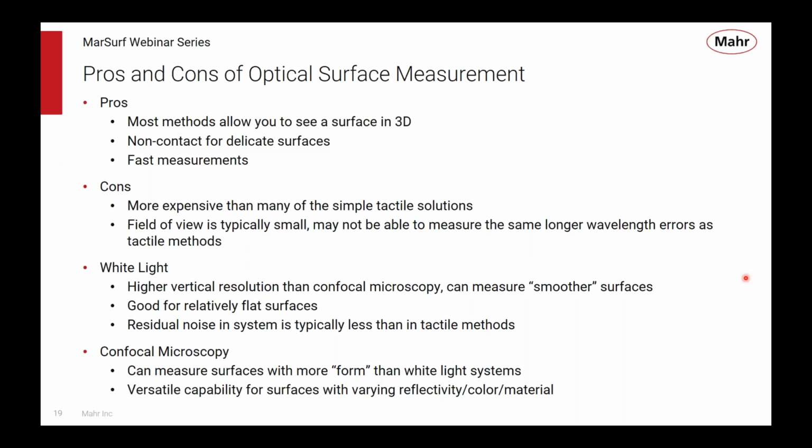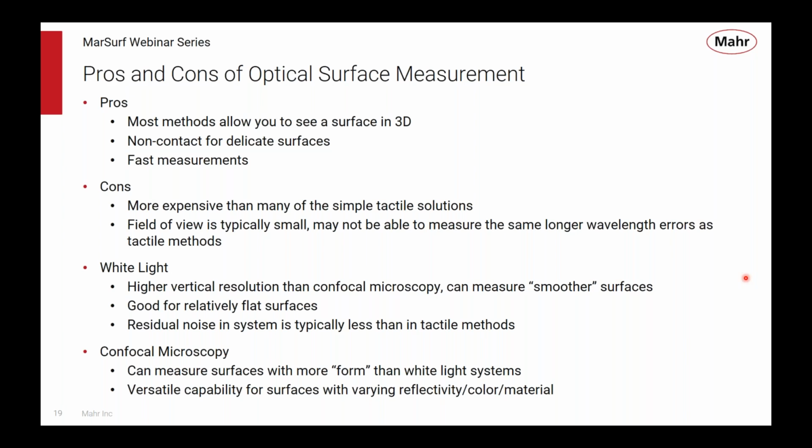It doesn't really have a lot of sensitivity to varying reflectivities of surfaces or colors of the surface or the type of material, whether it be plain steel or even plastic or titanium nitride coated steel or something else. It's quite good at adapting to the type of surfaces.